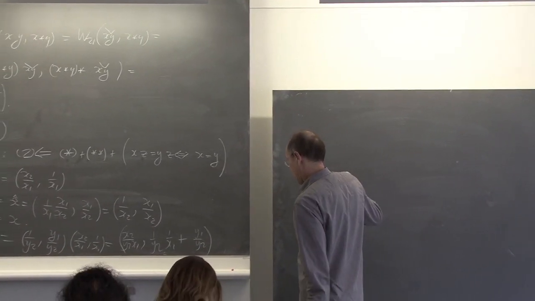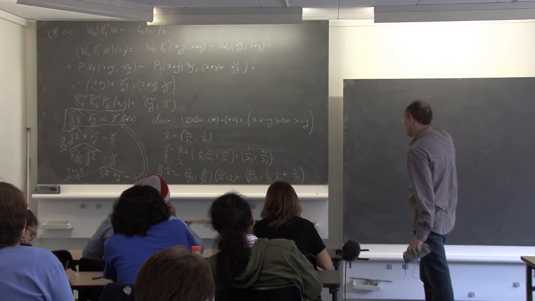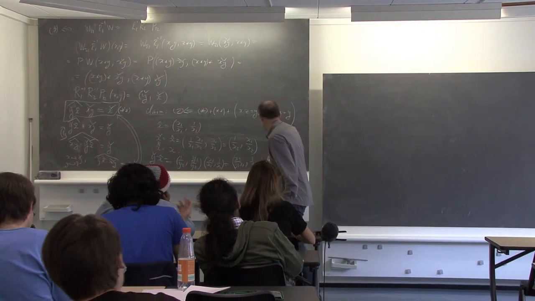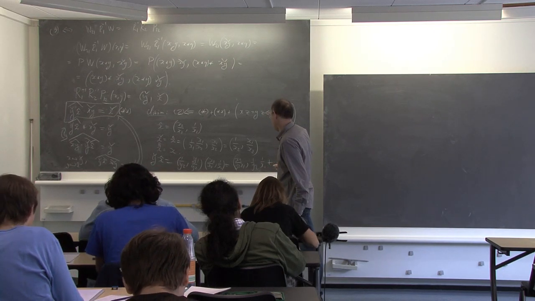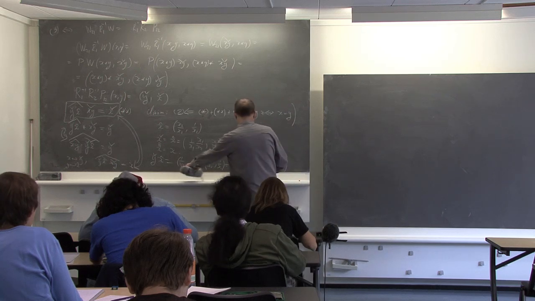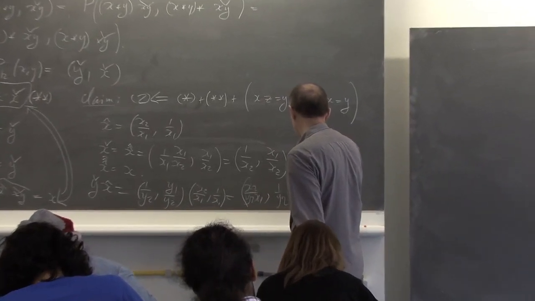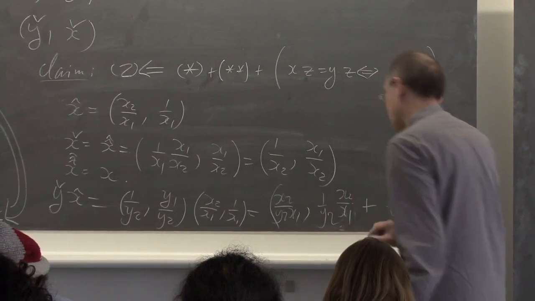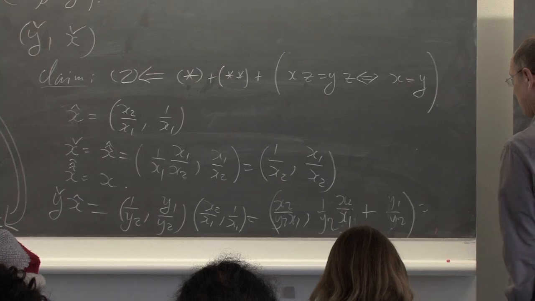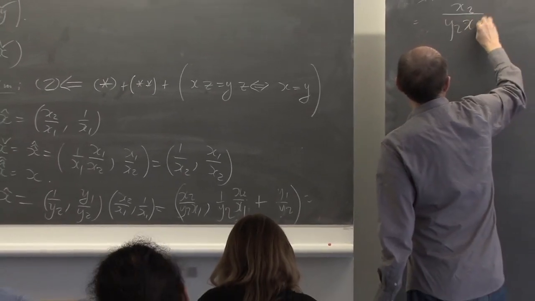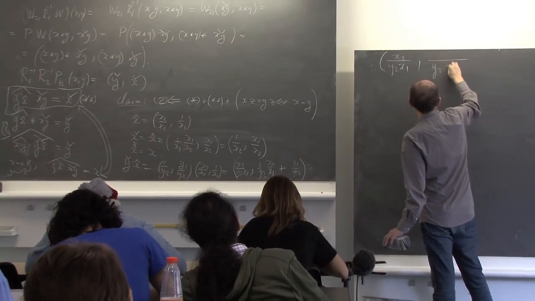So what we can do... no, there is something wrong, right? Yeah, this is wrong. 1 over y2 multiplies the first component here, x2 over x1. So this becomes x2 over y2 x1. And the common denominator becomes y2 x1.